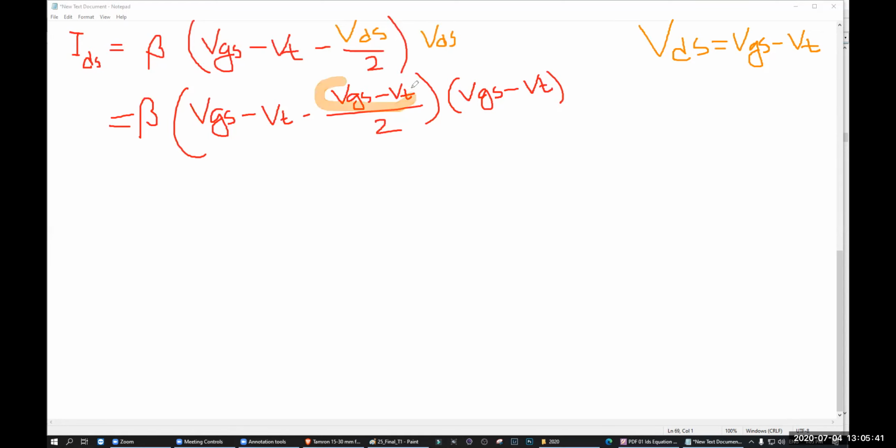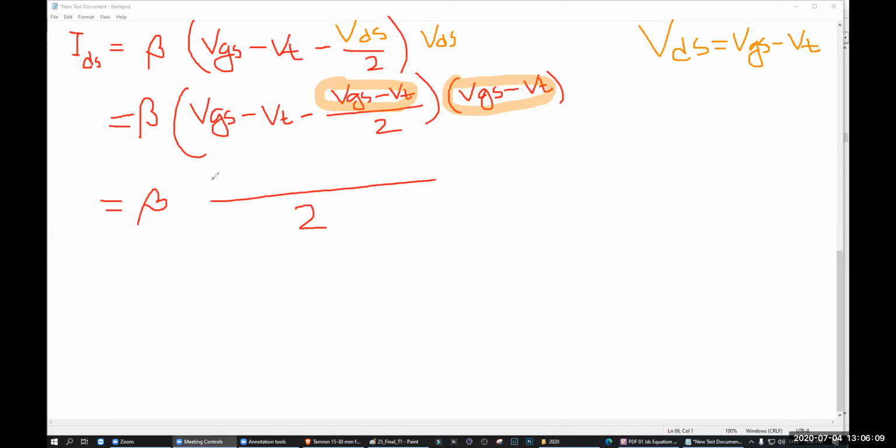We have written these and we have written these, right? In place of these. Now, here, these two, VGS minus VT, VGS minus VT by 2, can be calculated or simplified using an LCM.